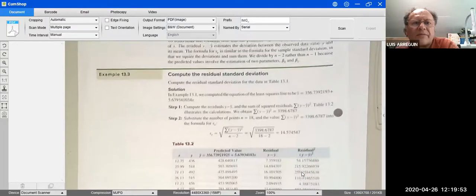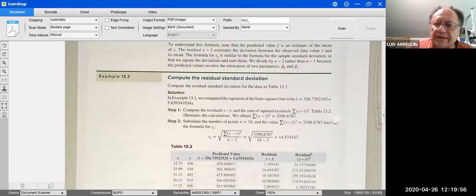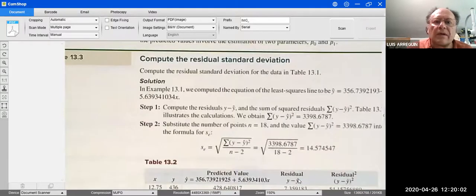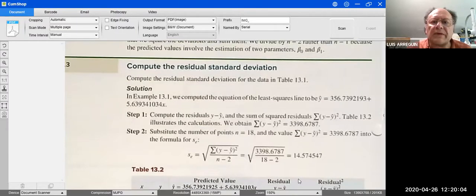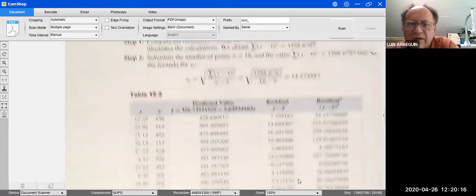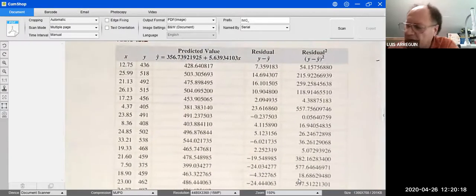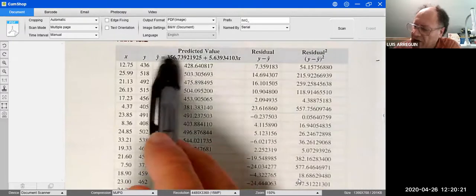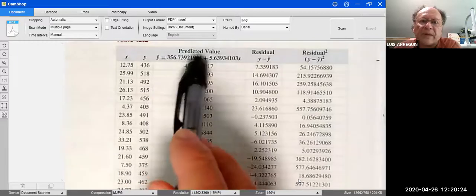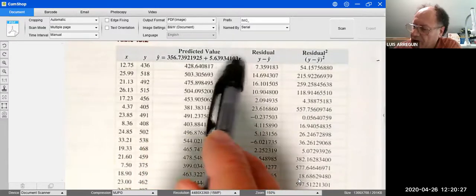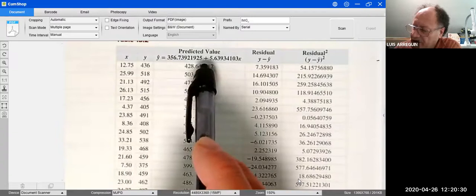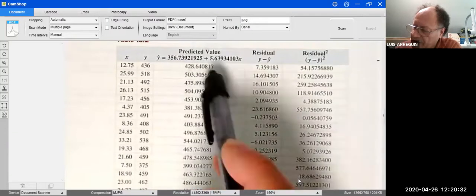So example 13.3, you can see here, is just we're going to need to compute the residual standard deviation for the data in table 13.1. So use the table that we just entered before in R. The book suggests a lot of computations that you can see in this table. You need to use the model that we just found, the equation of the line, and compute all the predicted values for the response, or all the predicted y's.